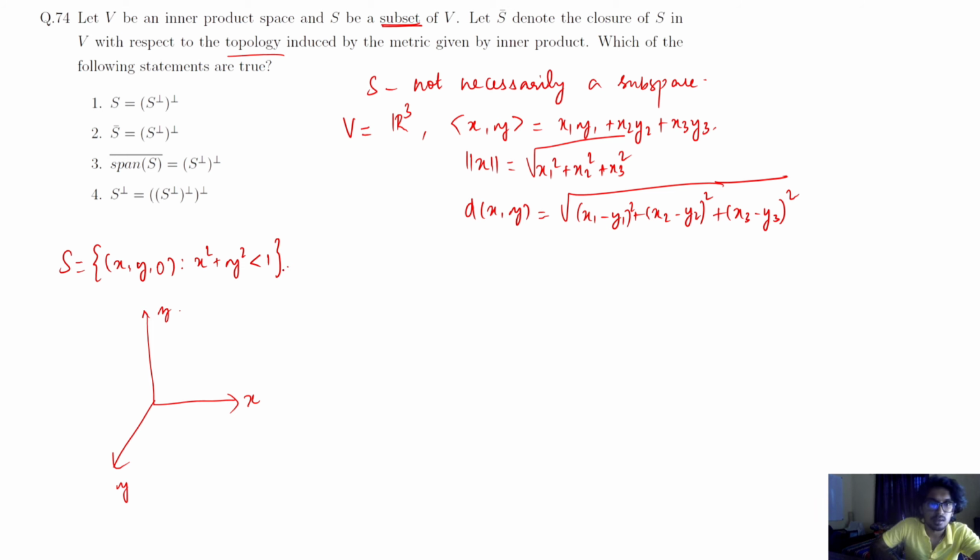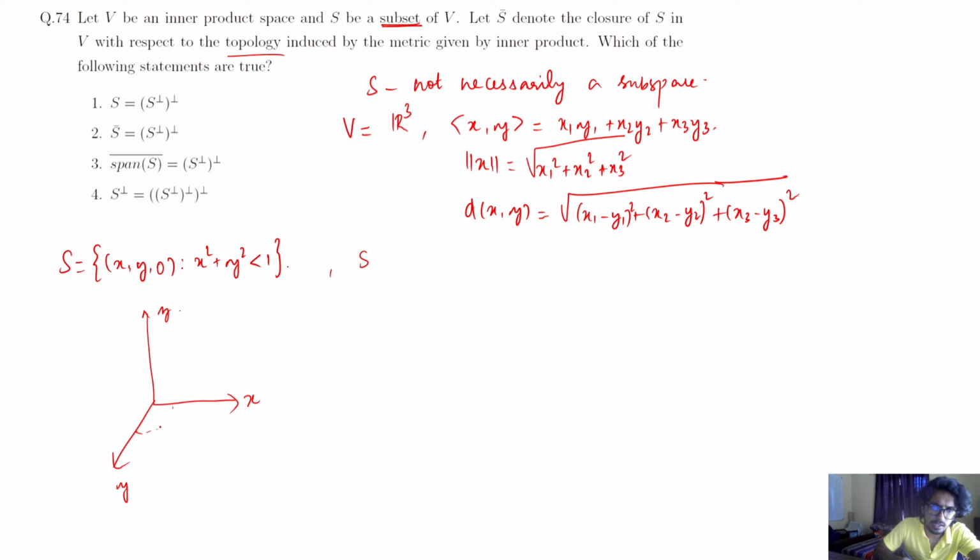Here x squared plus y squared is smaller than 1, which means in the xy plane we have chosen a disc without the boundary.